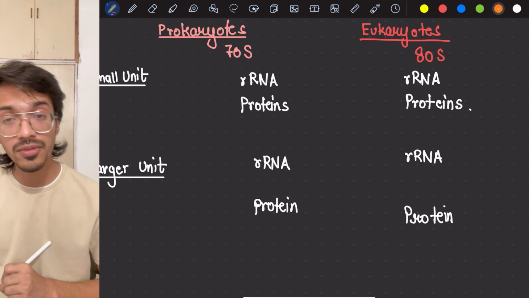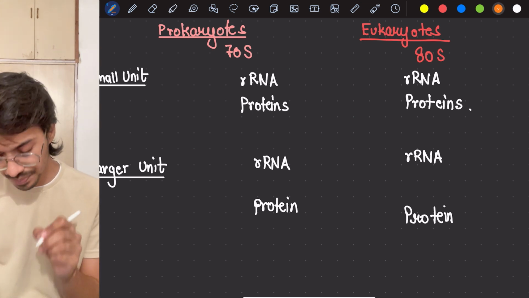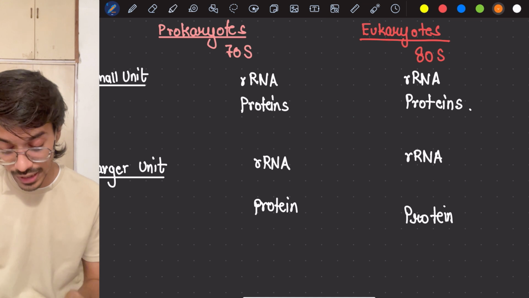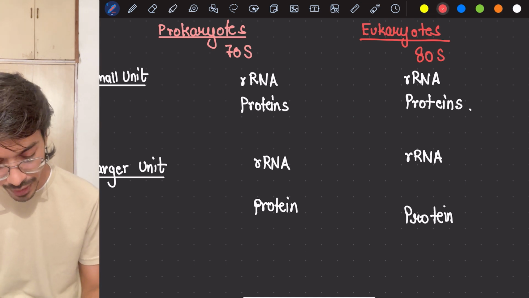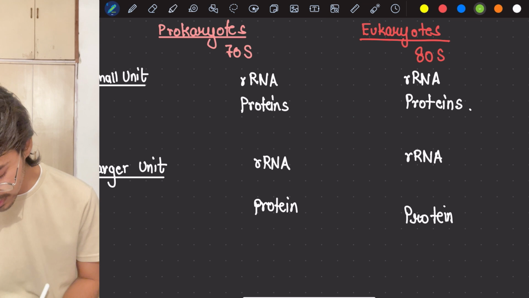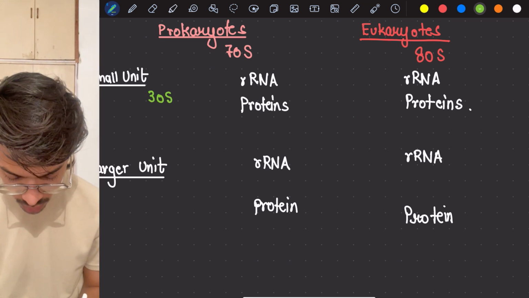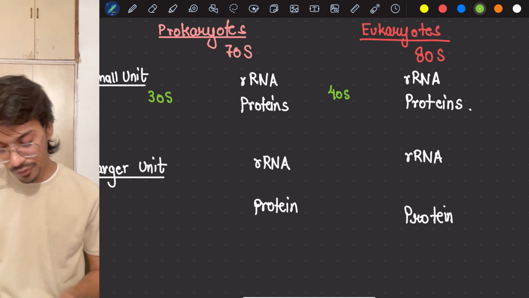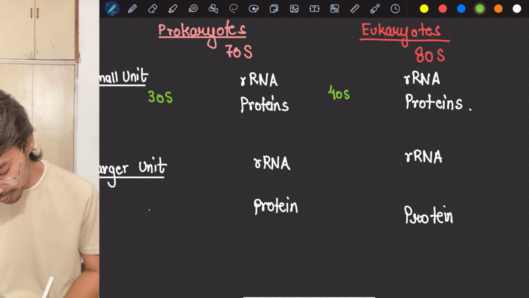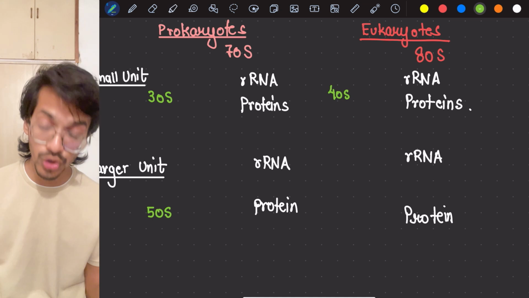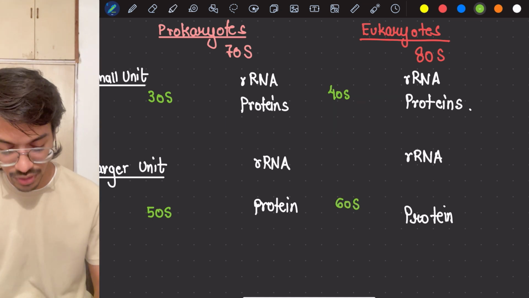Now, first the subunit sizes. The smaller unit in prokaryotes is 30S, whereas the smaller unit in eukaryotes is 40S. The larger unit in prokaryotes is 50S, whereas in eukaryotes it is 60S. One thing we will remember.